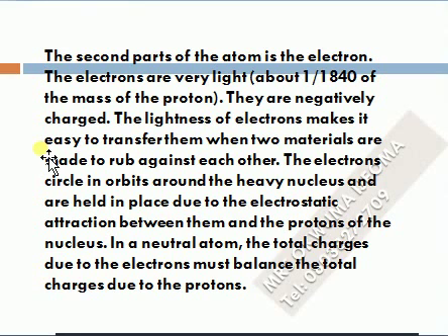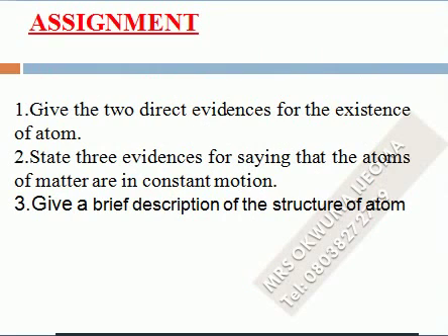The atom becomes what? Neutral. Now in our class today we have seen what atoms are and what matter is. We have seen that atoms are the indivisible particles of matter, and we have seen some evidences that show us the particle nature of matter, or that show us that matter consists of what? Atoms.